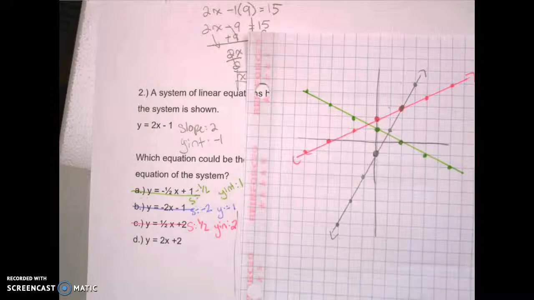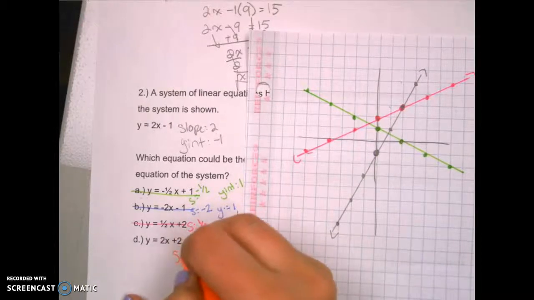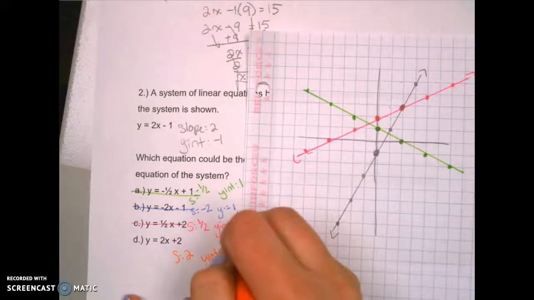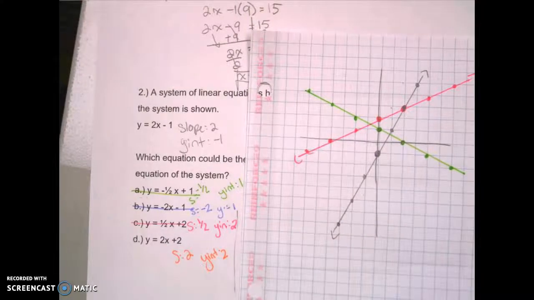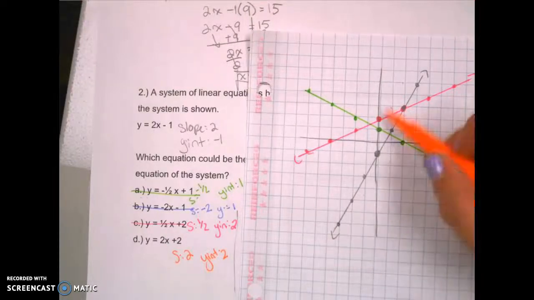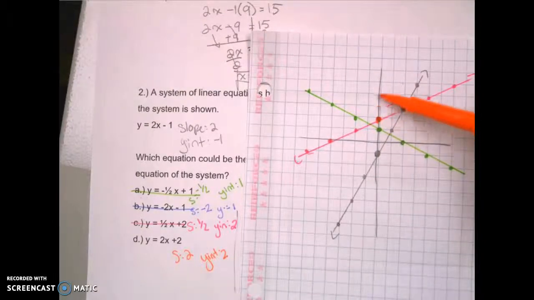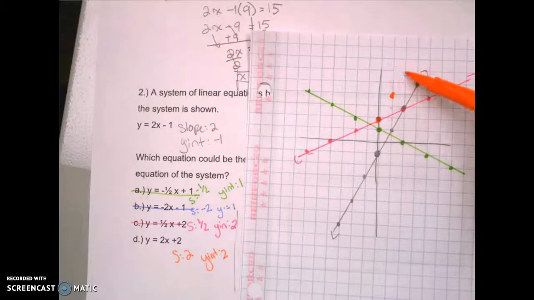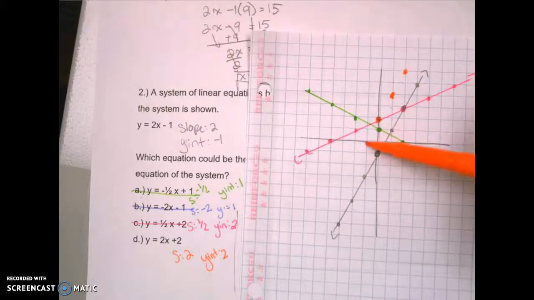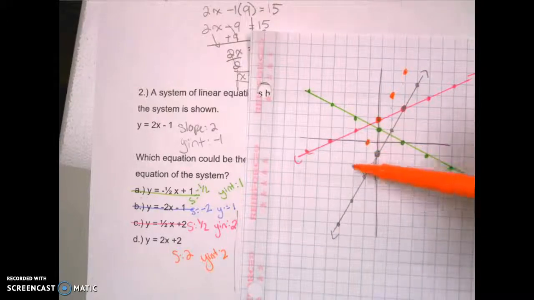The last one, I'm going to use orange. It is a positive 2 for the slope, and my y-intercept is 2. So that means I am going to start at positive 2, and I'm going to go up 2 and over 1. And then the opposite way, down 2 over 1.